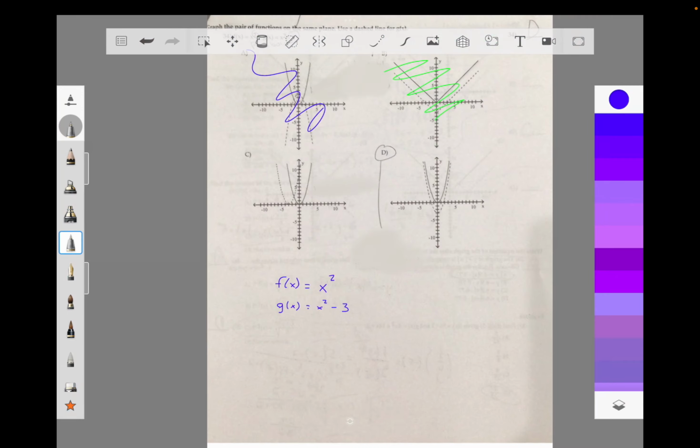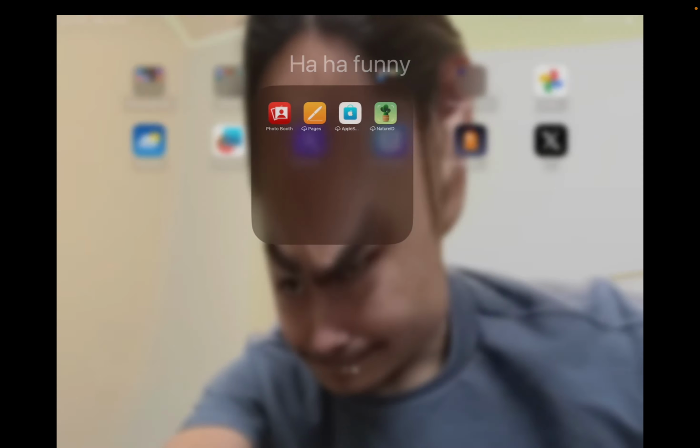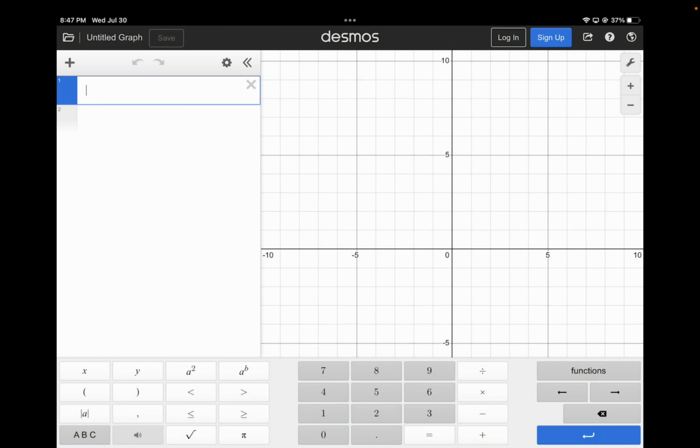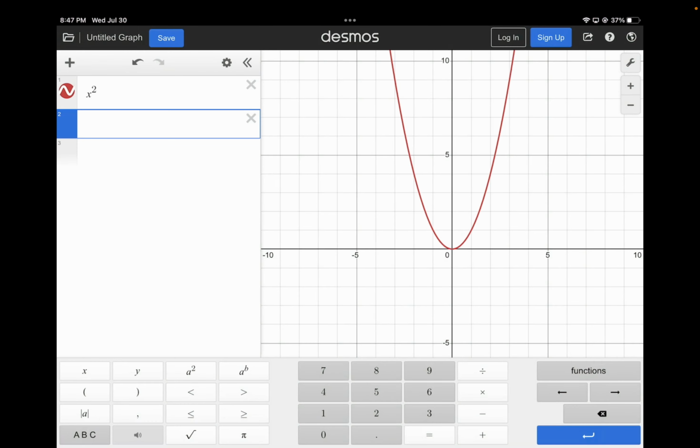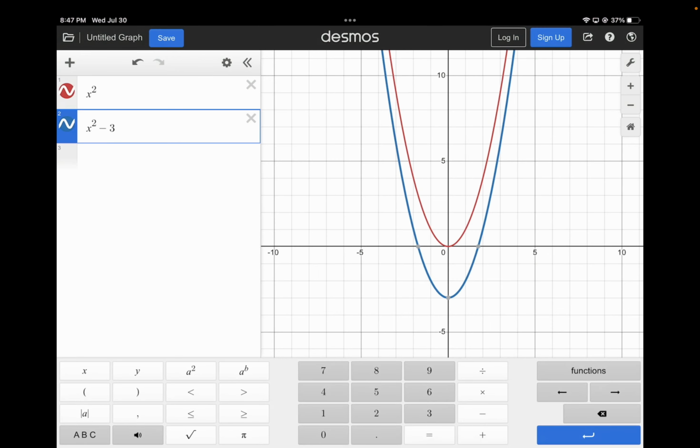Okay. It might be better if, where's Desmos? So if I have an x squared, I'm going to show the answer anyway, but what a number without a variable does is it shifts the graph upward or downward.